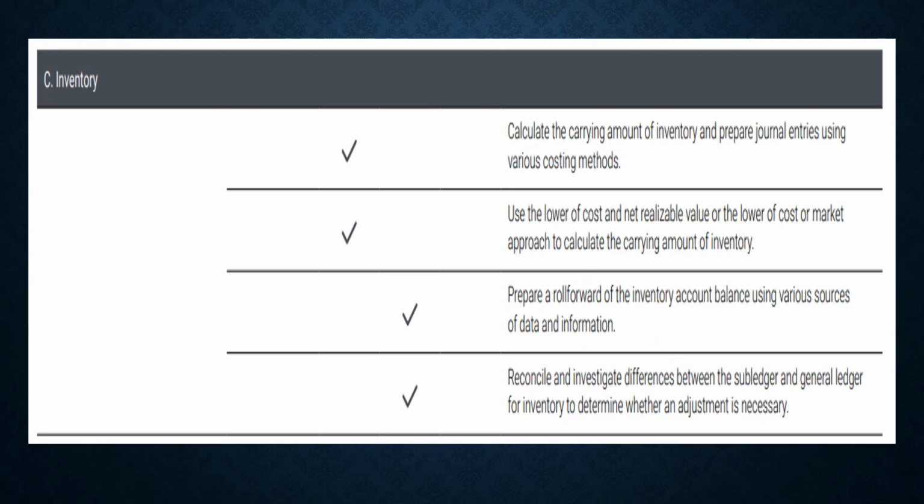Now, there's a reconcile and investigate differences between the subledger and the general ledger to determine whether or not an adjustment is necessary. Most modern accounting systems lock in the subsidiary ledger to the general ledger, and there are very few cases where you can have a difference.